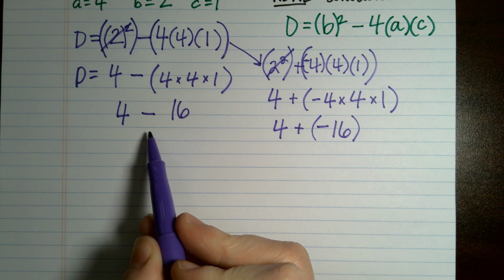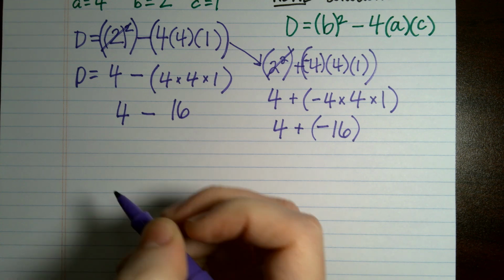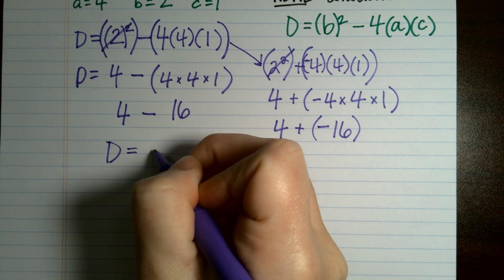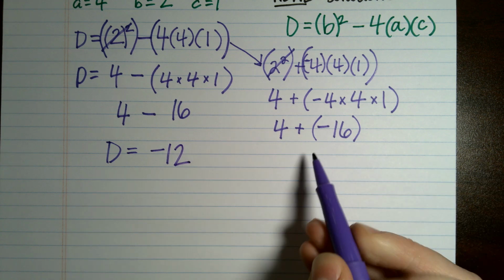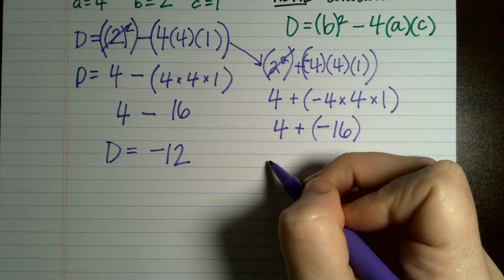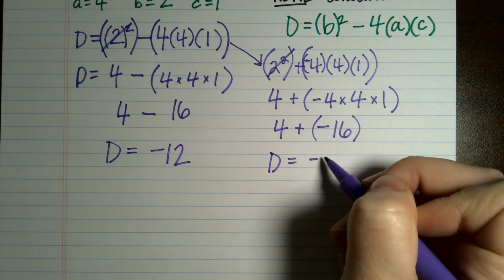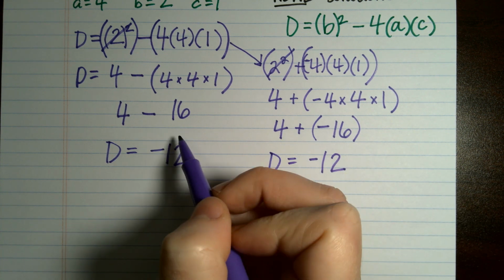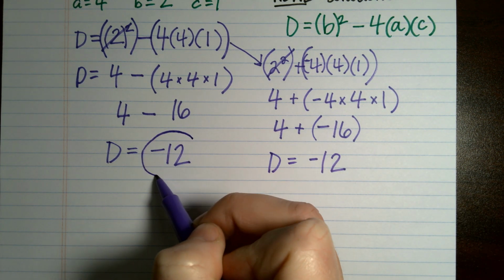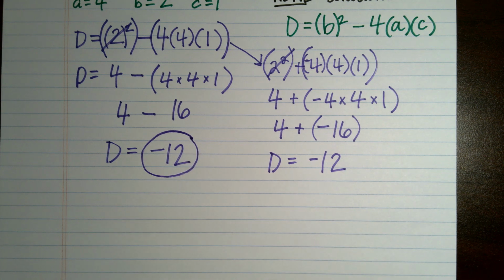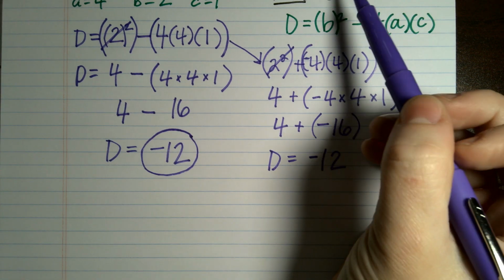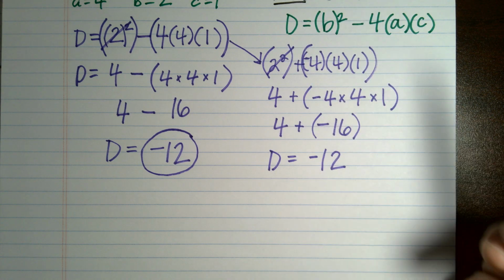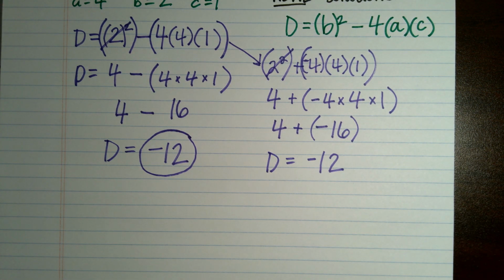Okay. So what is 4 minus 16? -12. Good. D equals -12. If I did 4 plus -16, I'm also going to get -12. Same answer, just a different way of writing it. So when we find that our discriminant is negative, or less than 0, how many real solutions will there be?